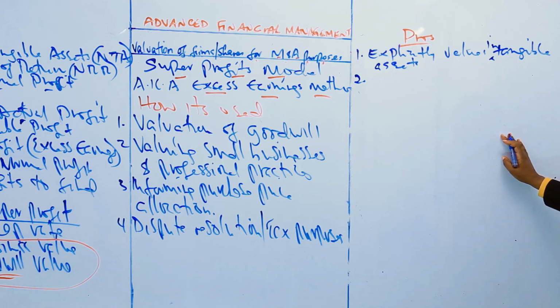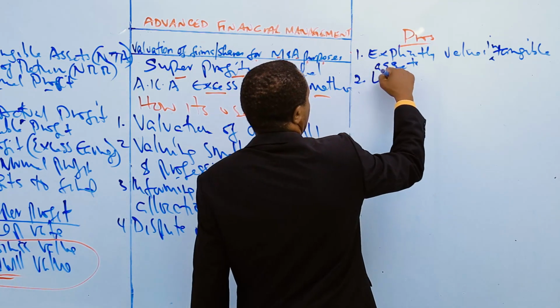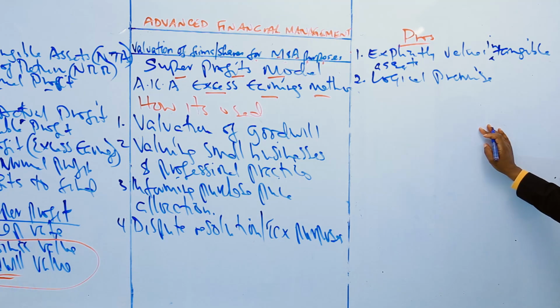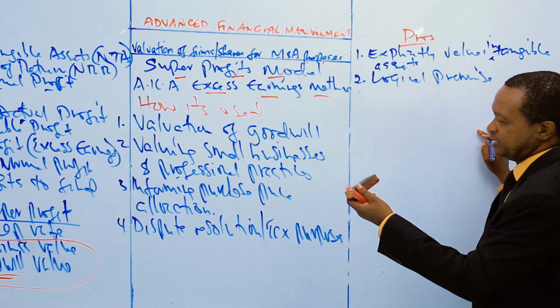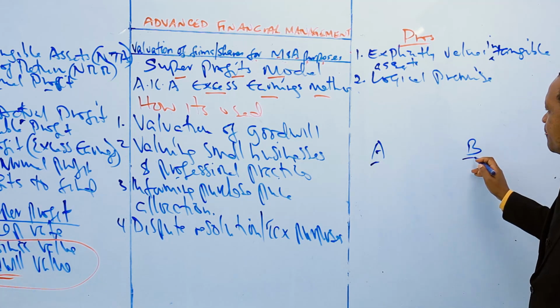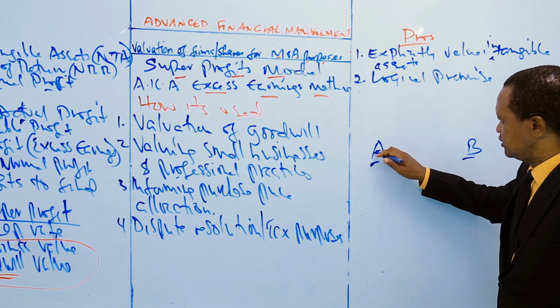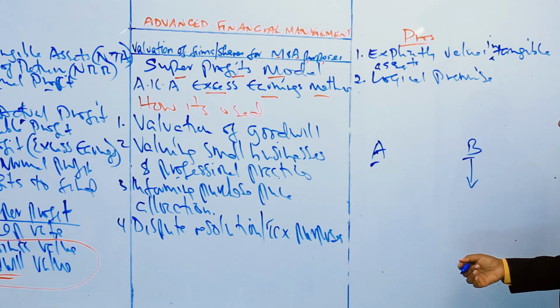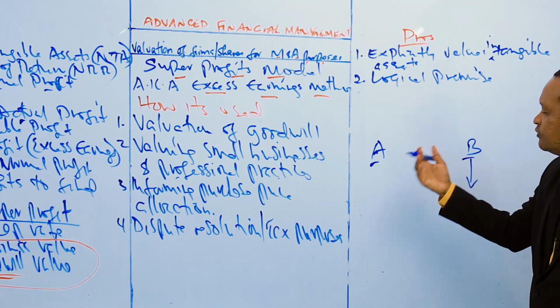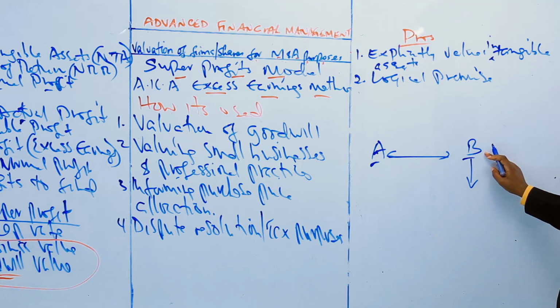The second advantage is the idea that above average returns must stem from some unique competitive advantage, which is a logical premise. You recall the example I gave of company A and B. I did say that if these two companies have similar assets and they operate in the same industry, and company B generates more earnings than company A, then it means that company B could be having some intangible assets, which is a competitive advantage over company A. That's why this company may be having excess earnings.